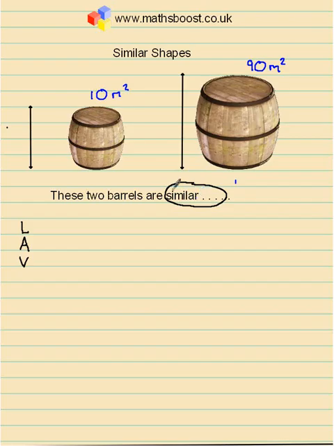We see that word similar, we get this table written out, length, area, volume, and the scale factor here is times 9, but it's the scale factor for area, so it's going to be that times 9.